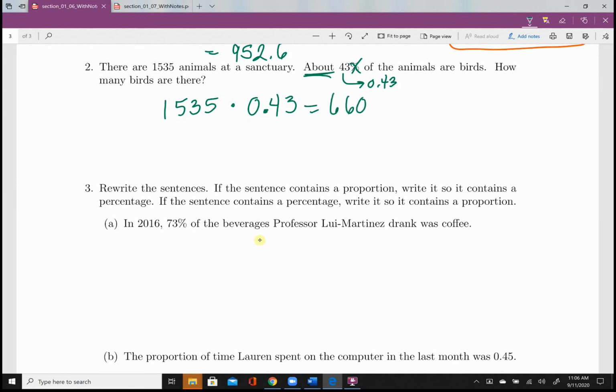I'll make sure I put that entire number as the end of my calculation here, but as far as what value I represent in my final answer sentence, I'm just going to keep it as 660. And I can reuse this word about in my answer to indicate that it is an approximation.